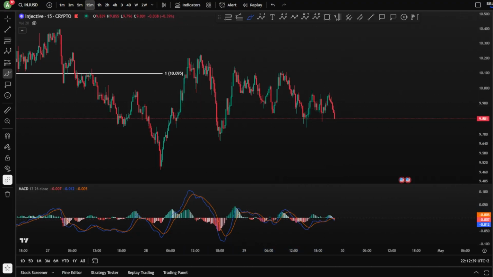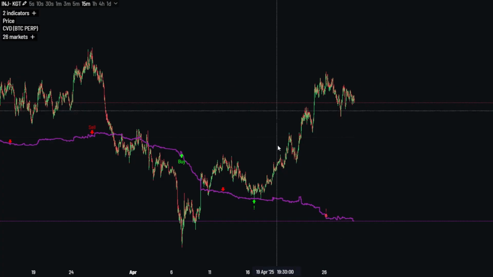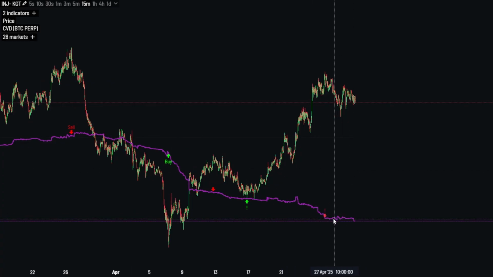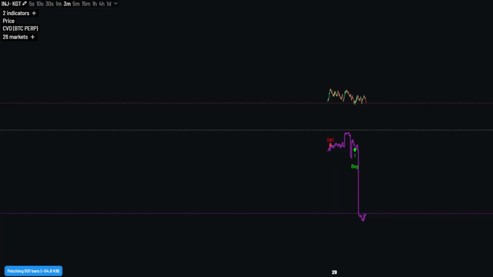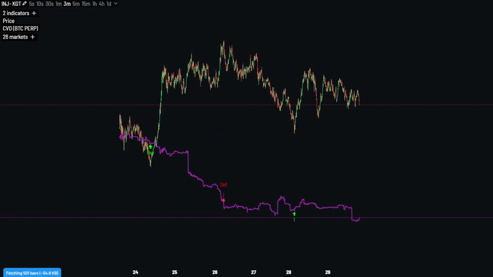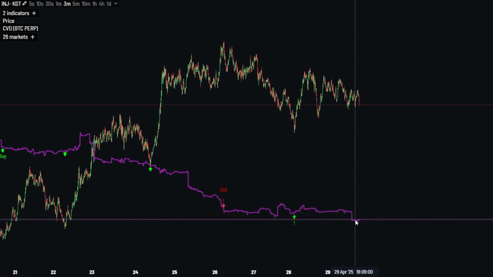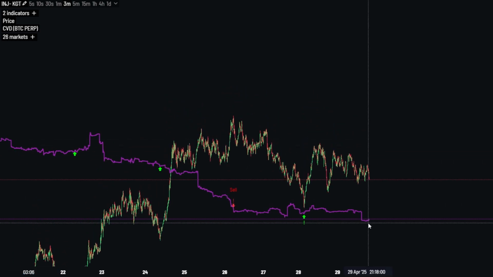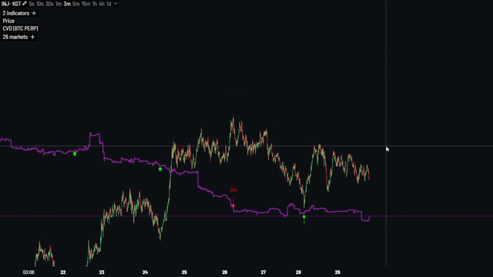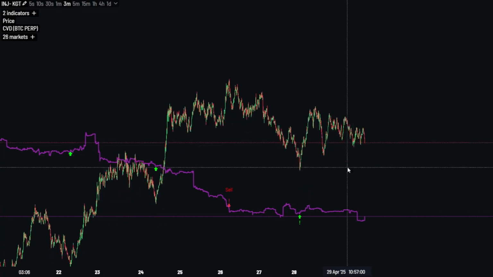So basically, I would depend in this case only on KGT. So we see a divergence on the 3-minute chart. Now, much higher potential would be once you get another signal here. It would be nice to see a bullish signal. Once it is given, we start to move towards the upside potentially.